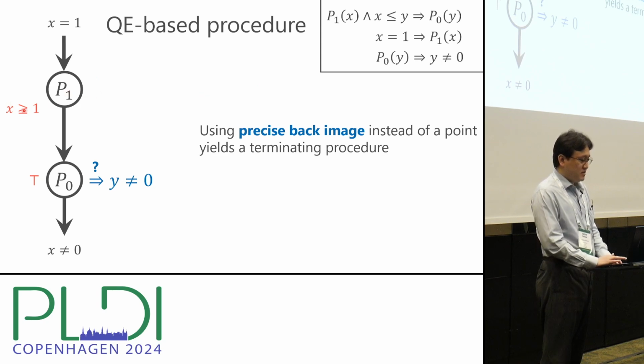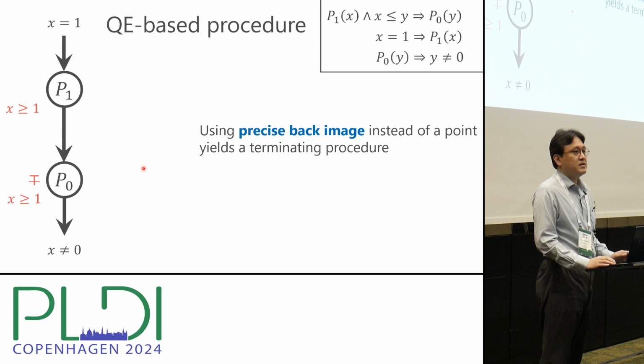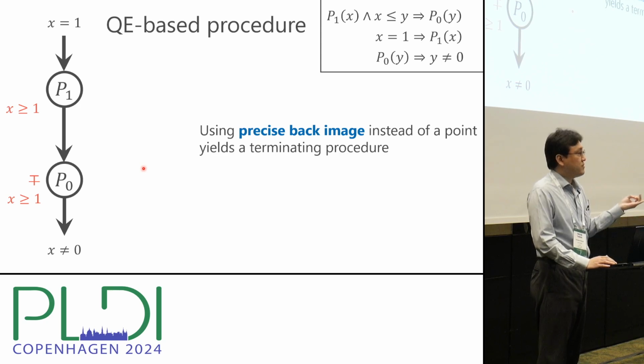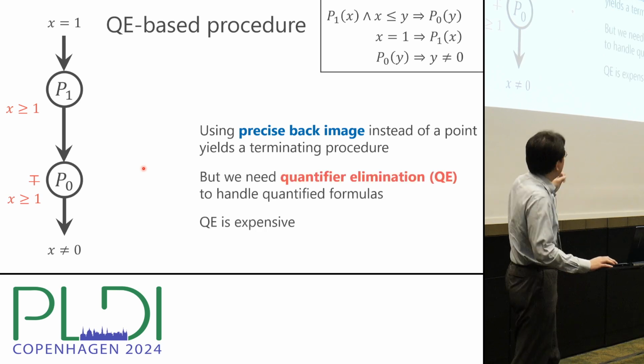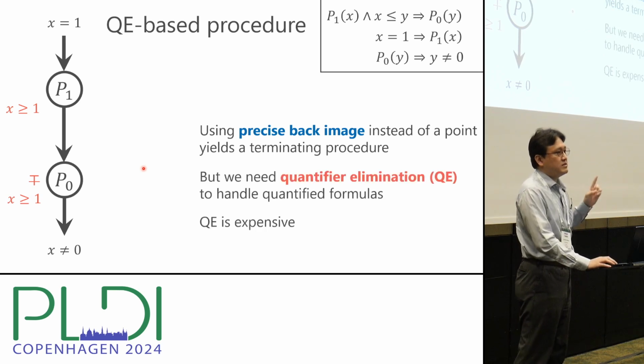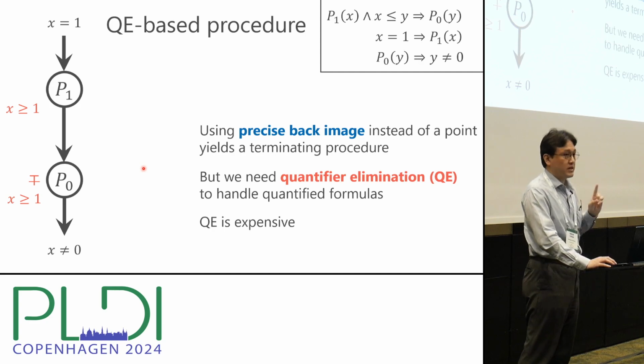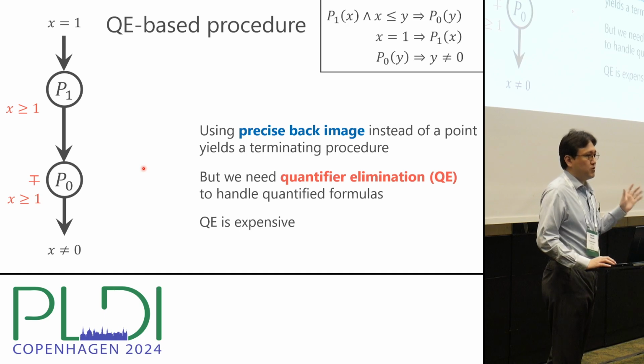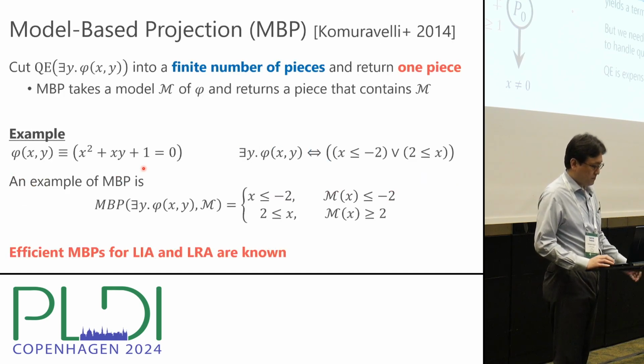And with this new assignment, one can resolve this request for P0 locally like this. And we are done. This is a terminating, sound and complete solver. So this is good, but there is a weak point. That is, this requires quantifier elimination, which is usually very, very expensive. So we would like to avoid the use of quantifier elimination.